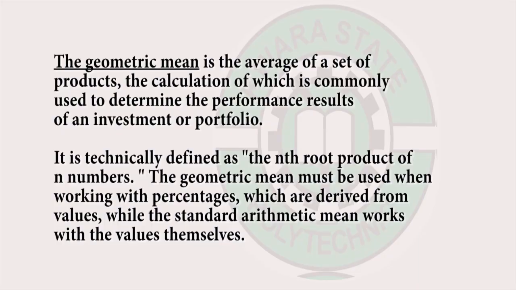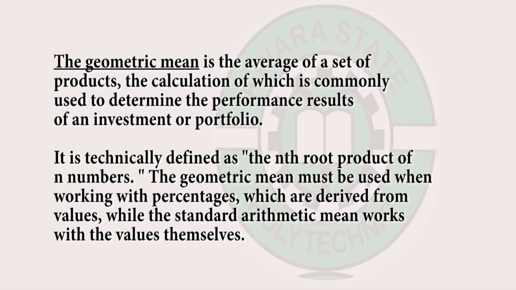So the next one we'll be discussing will be the geometric mean. Having discussed the arithmetic mean, we also have the geometric mean. What geometric mean does is that it measures the average of a set of products, and the calculation is commonly used to determine the performance result of an investment or portfolio.